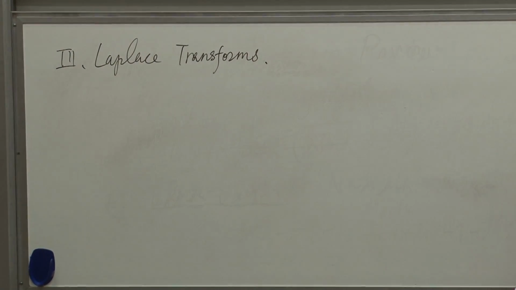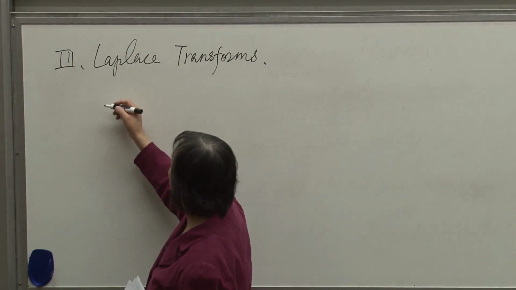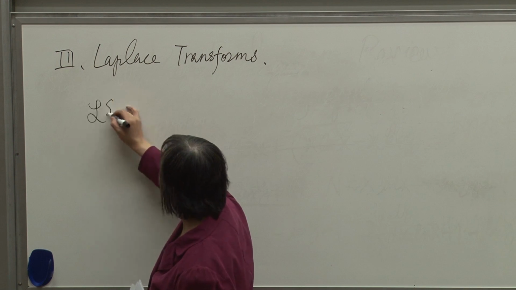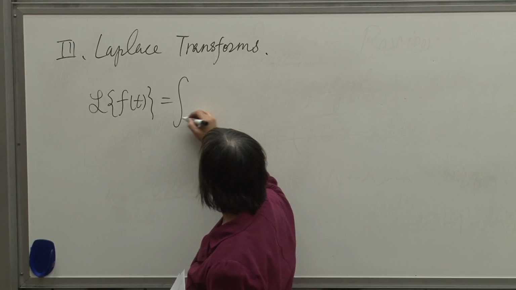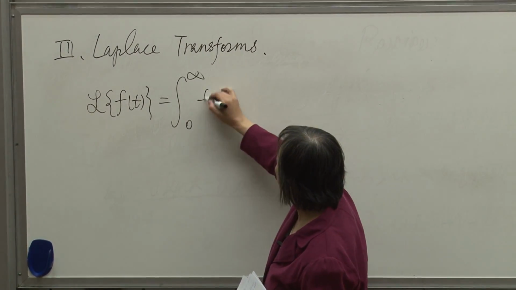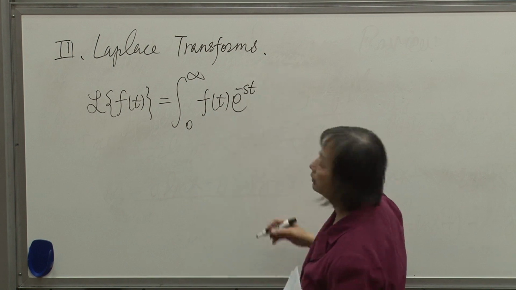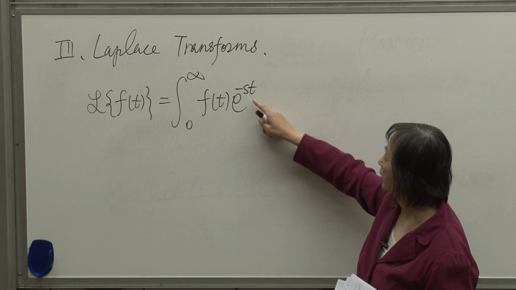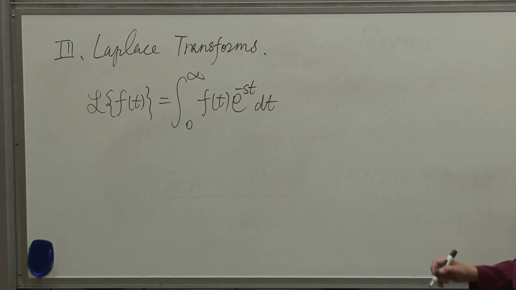Now, for Laplace transforms, first we need to understand the definition. The Laplace transform of some given function f of t is defined to be the integral of f of t times the exponential function e to negative s times t, dt, integrated with respect to t.